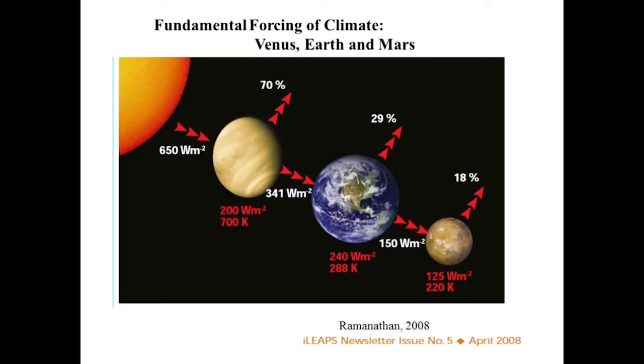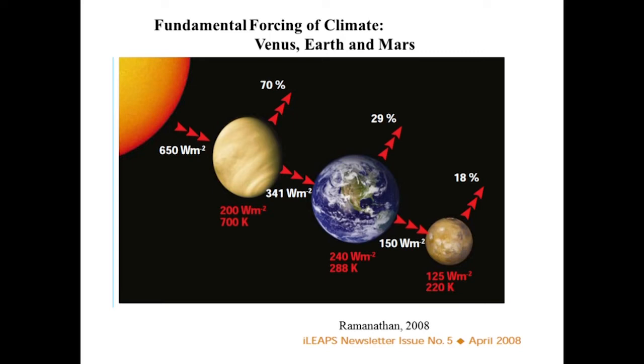Then the net energy reaches the planet, heats the planet and the atmosphere, and then it starts radiating infrared. This process of incoming sunlight and outgoing infrared energy goes on until the two balance each other very closely. That's what determines the climate of the Earth. The surface temperature of the Earth is about 288 degrees Kelvin.